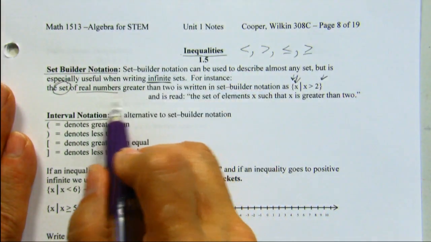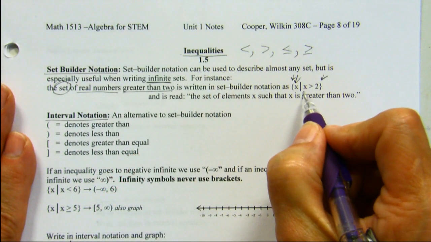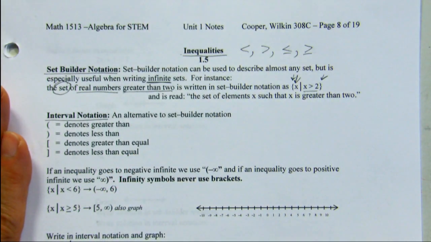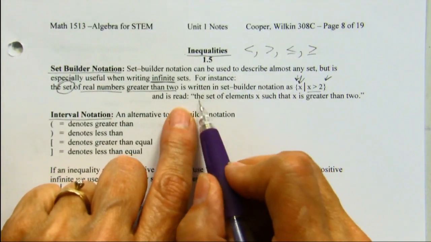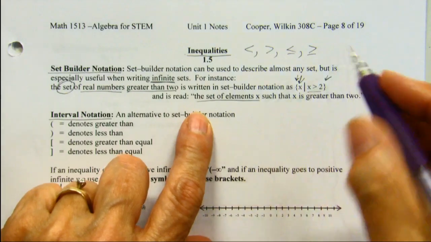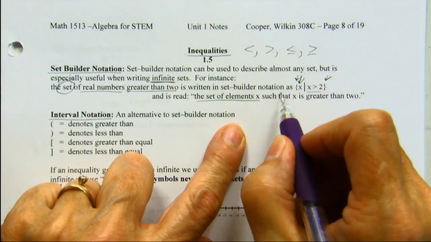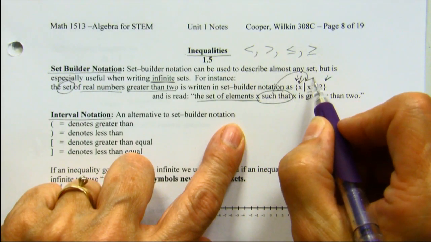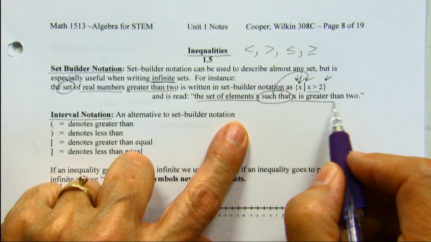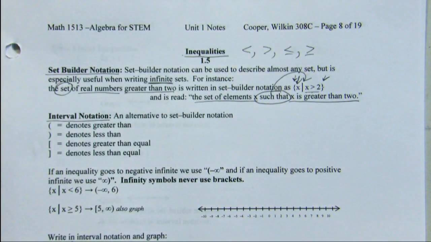Those numbers have to be greater than 2, and that's where you get x is greater than 2. We read that as the set of elements x such that, and such that is that vertical bar, x is greater than 2. There's your inequality after the such that bar.